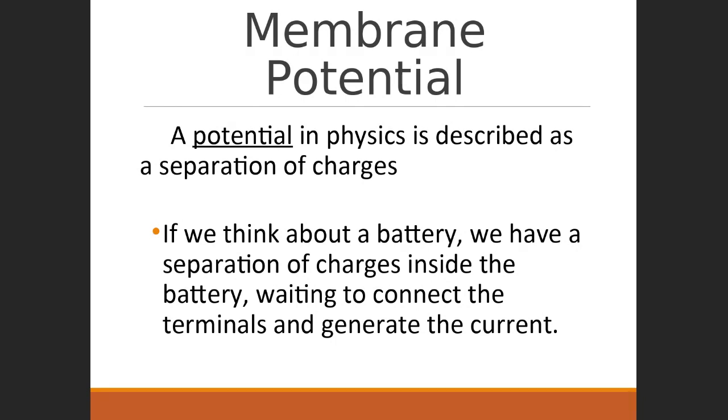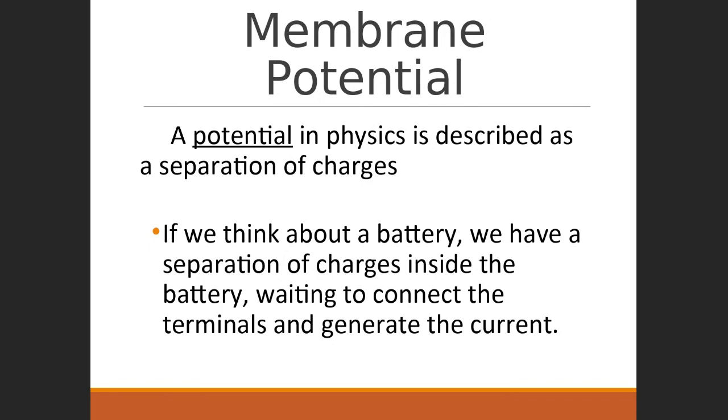As a kid, I don't know if you ever did this, but I sure did. You take an old battery, you wonder what's inside, you cut it in half. And you see that inside that battery was various chambers, different chemicals in each chamber. What that battery did was it separated charges inside its structure.